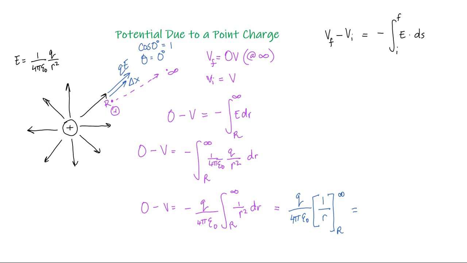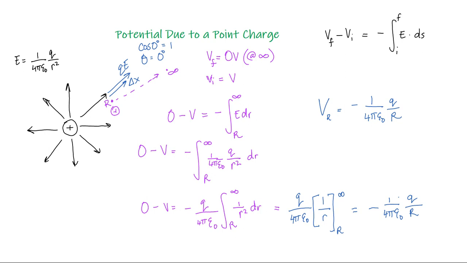So when I do 0 minus all of this at r, I come back to a negative again. You see this negative went away, but it's come back again now, and the expression is equal to negative 1 over 4 pi epsilon naught times q over, in this case, big R. So basically that says that the potential at R is equal to negative 1 over 4 pi epsilon naught times q over big R.